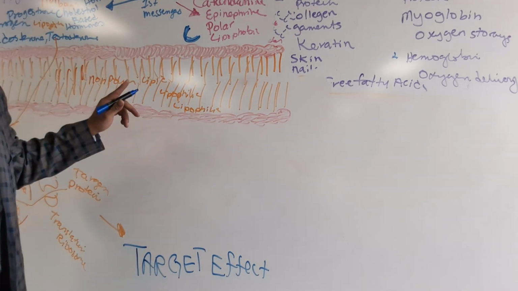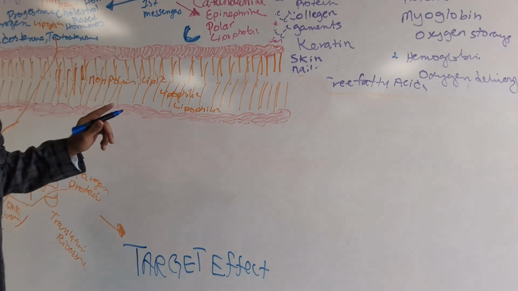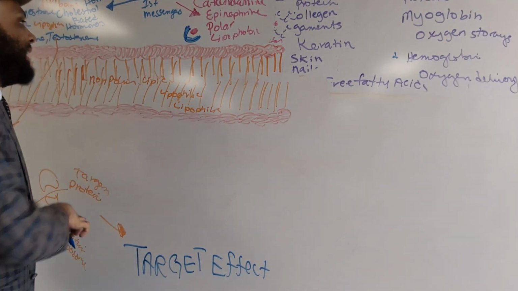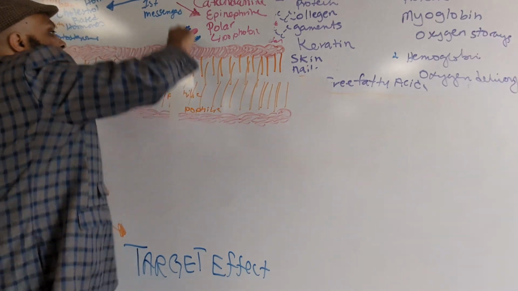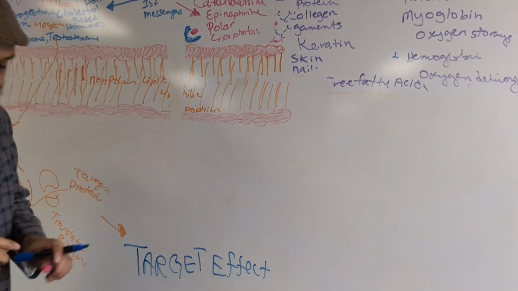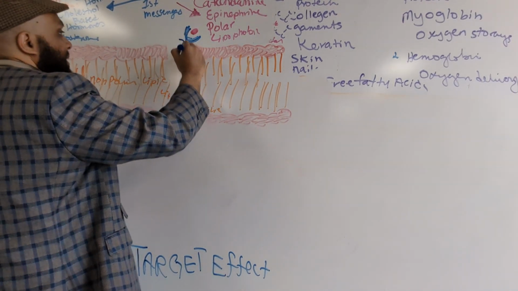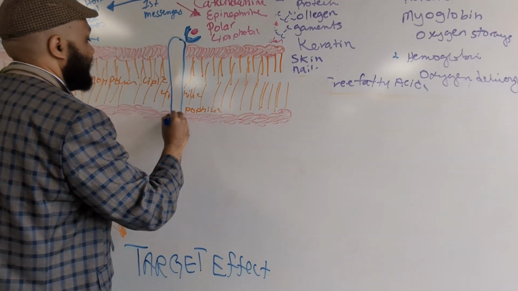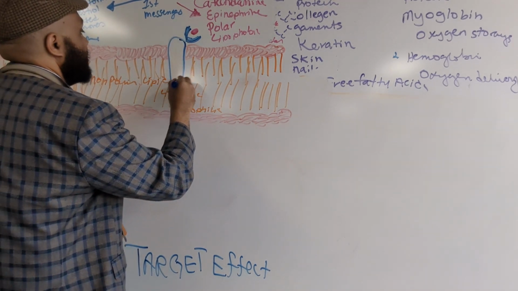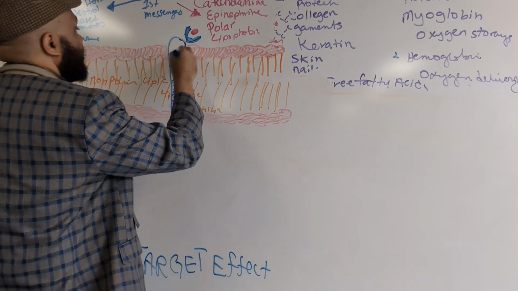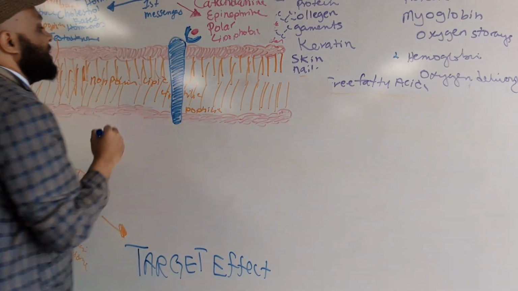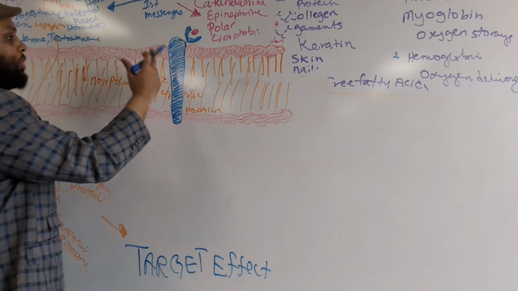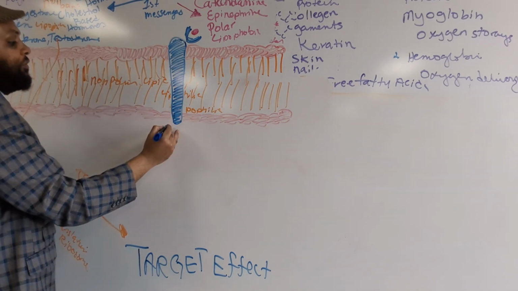Then there is an attached transmembrane receptor that is an integral protein. Attached integral protein, transmembrane receptor, and the transmembrane receptor is going to start making some conformational change.